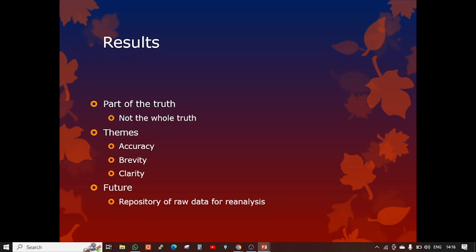Because after the results we have to make comparisons with previous results, make interpretations, and test hypotheses. These come in the discussion section. So it is only the part of the truth which you get out of the findings of your research. Then the theme: accuracy, brevity and clarity.